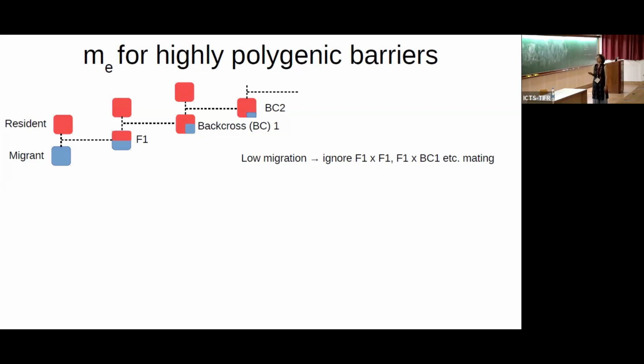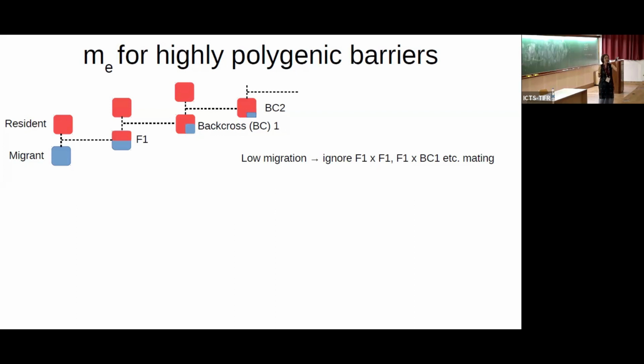In that case, the next generation of descendants will inherit about half of these blue alleles, so a quarter of blue alleles or the wrong alleles on average, and 3/4 of the resident genotype.